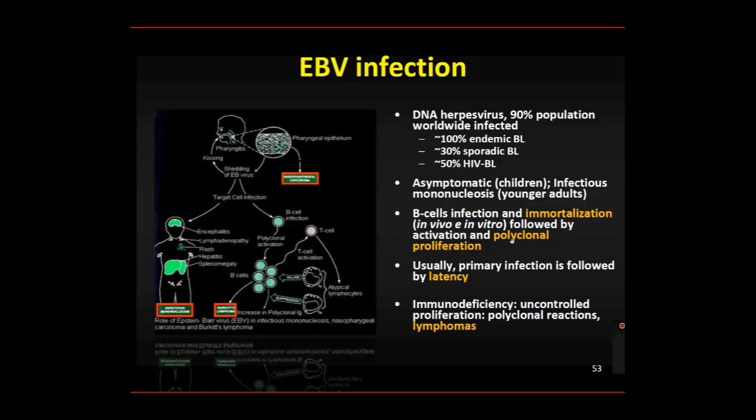So we have a polyclonal population of immortalized EBV positive memory cells. Of course, those memory cells, by chance, can be affected by antigen and can enter the germinal center again, proliferate again, and maybe undergo somatic mutations and translocations.